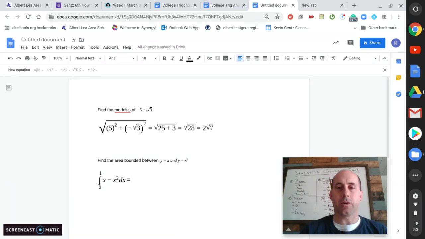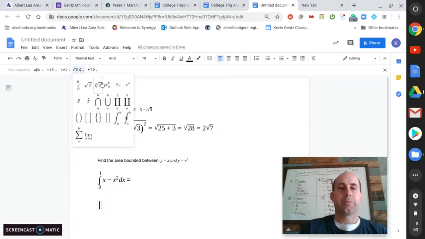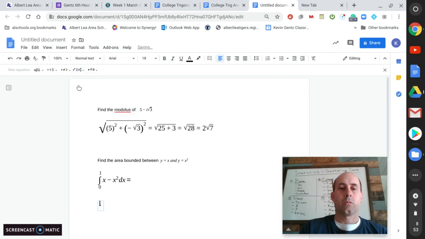I like to keep my work vertical, the other one on top, I went side to side. So we take the antiderivative of x, I insert my equation. I'm going to need a fraction here. And in that fraction then, I use an exponent. So I have x squared over 2.